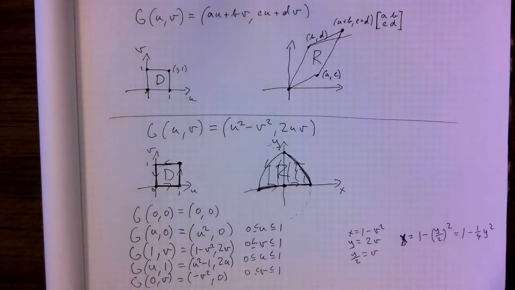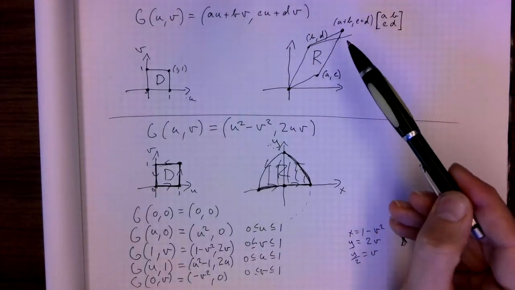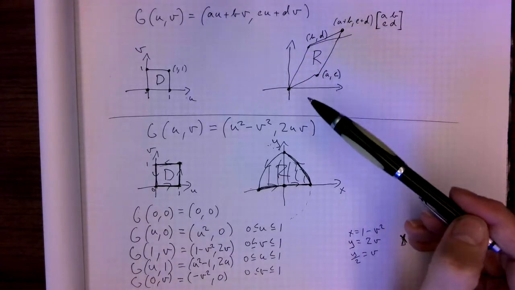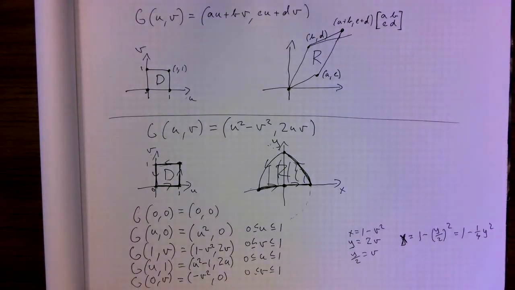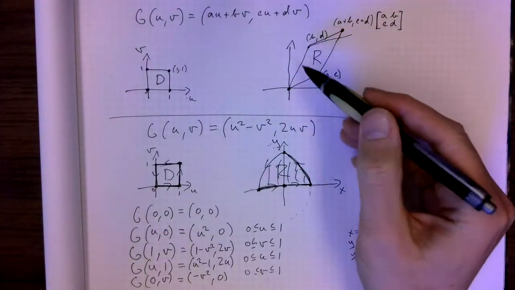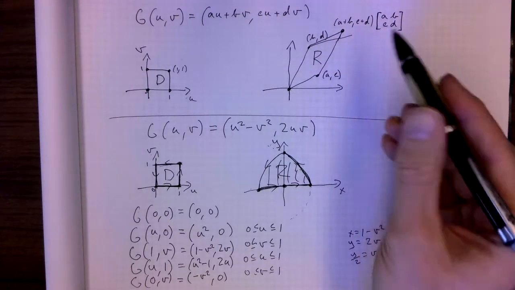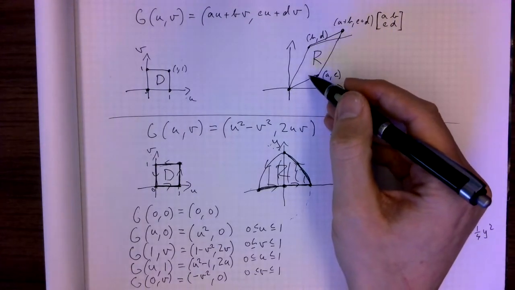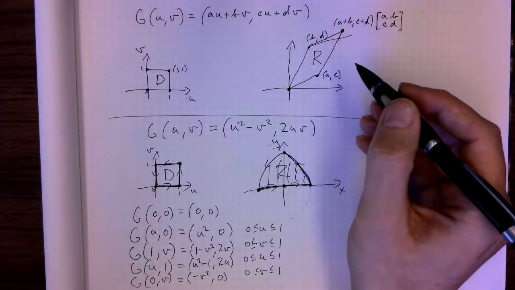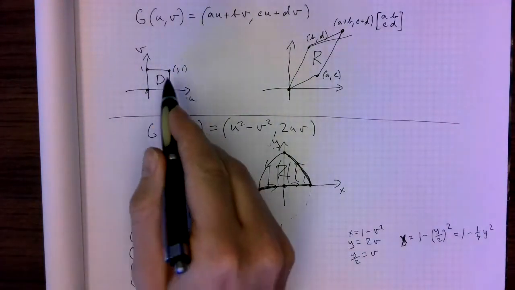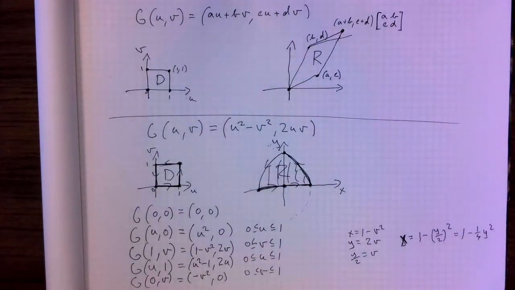Now, if I have a region like this, a parallelepiped, sorry, not a parallelepiped, a parallelogram, like over here, then I could write it as an image under a unit square.